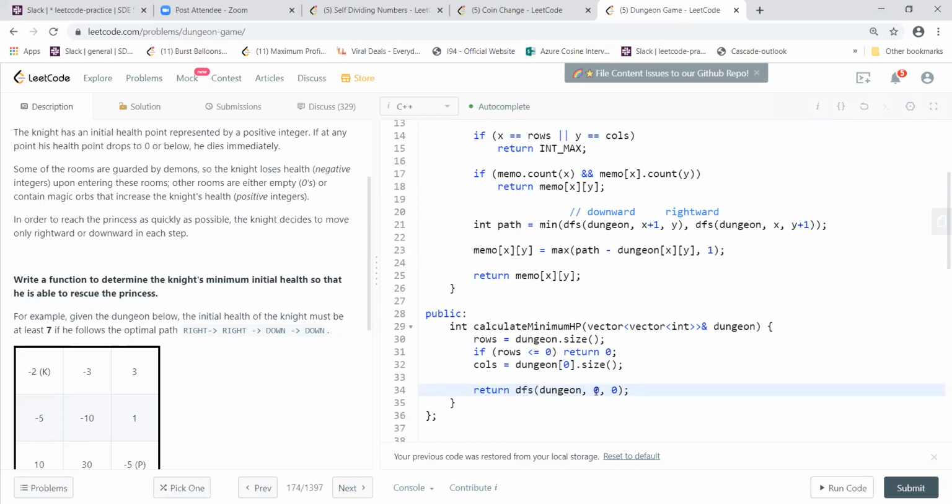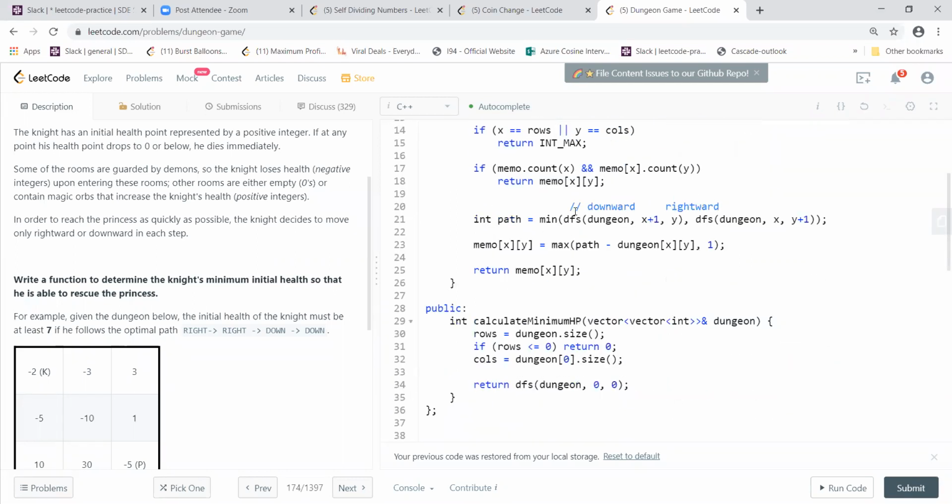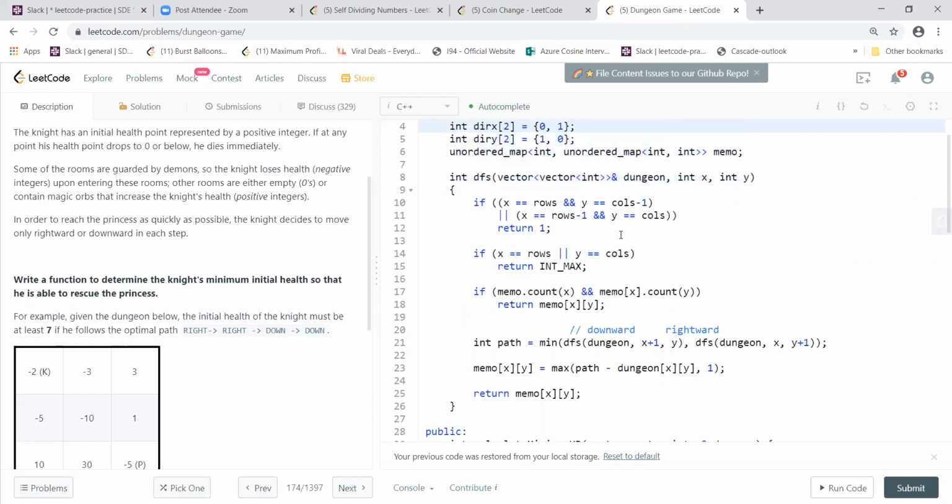So x is 0 and y is 0, and then the DFS goes from here. These are the base conditions. The implementation is very easy.